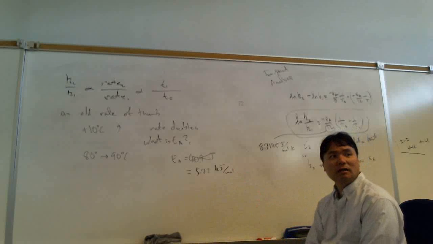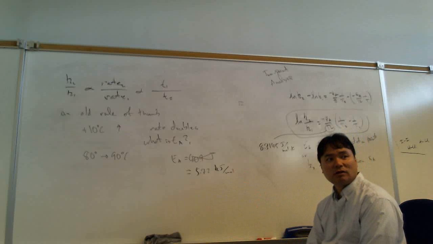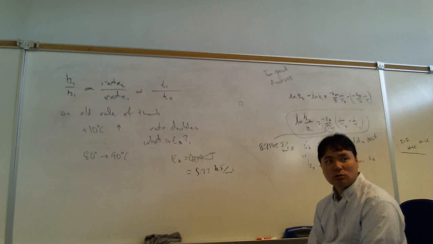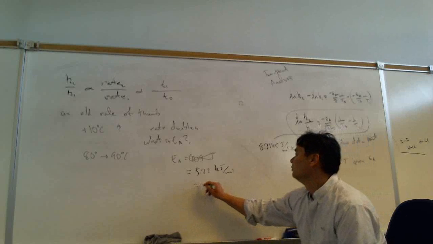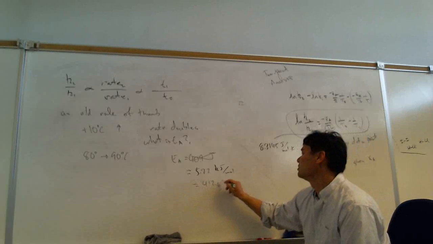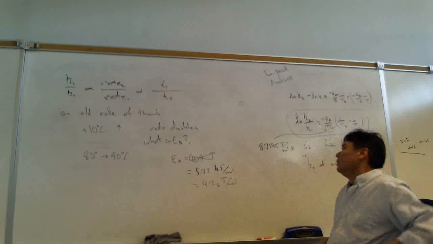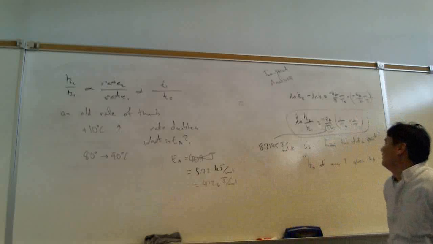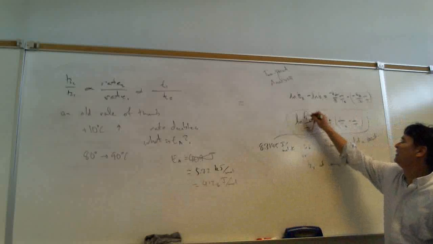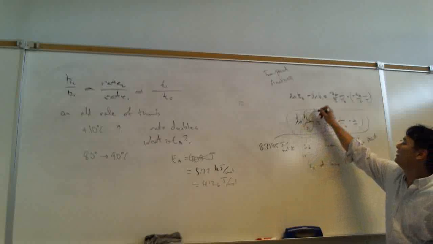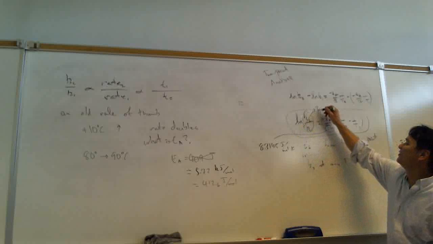Is that what you got? No? What did you get? 412.6 joules per mole. What did you guys put in here? 2 over 1, so just 2.